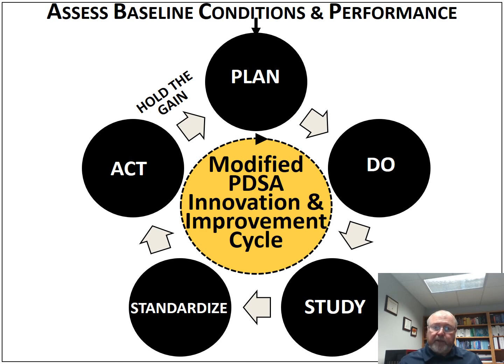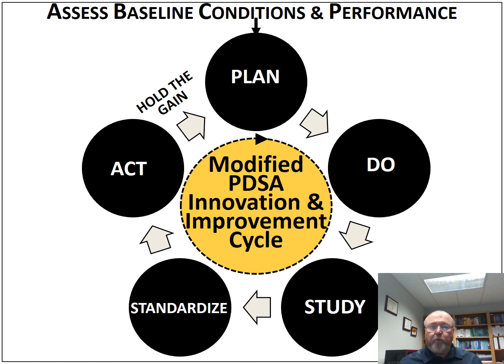Now the idea about this, remember we called it Deming cycle. Okay. Deming cycle, plan, do, check, act cycle. PDSA is what I usually call it, plan, do, study, act cycle. Okay. Hold the gain. Key word in there, cycle, meaning that this is a cycle of continuous improvement. We continue to use this on processes. Okay.